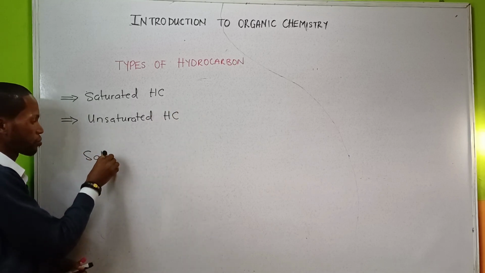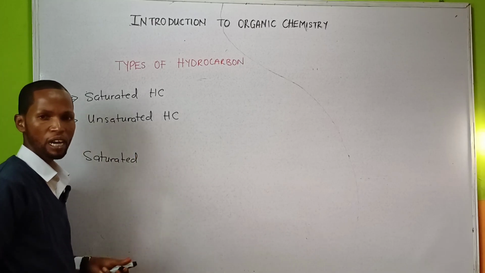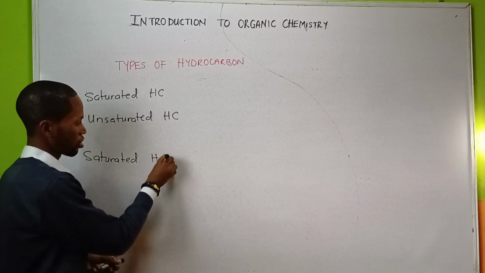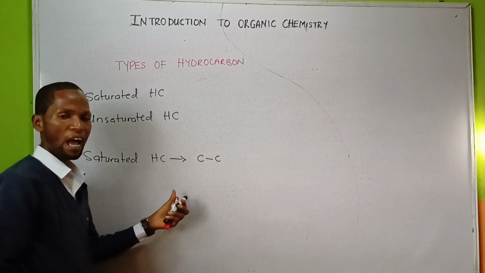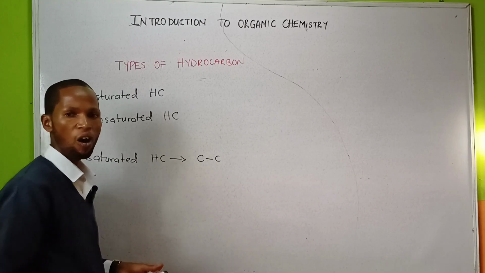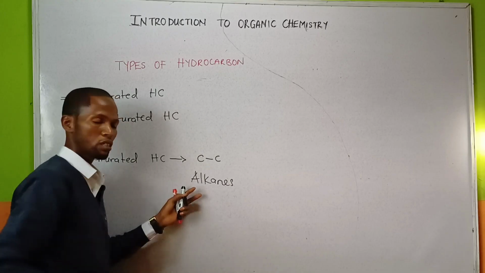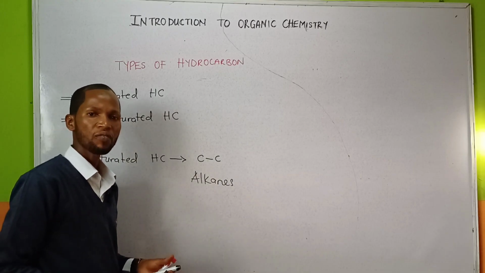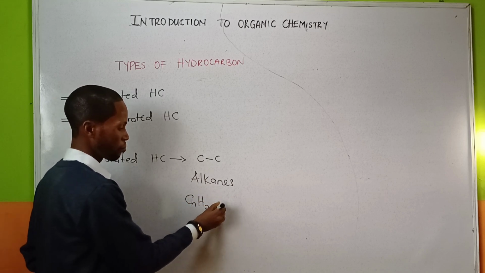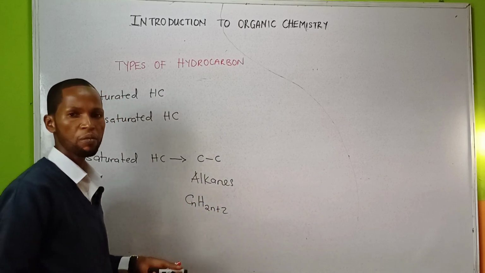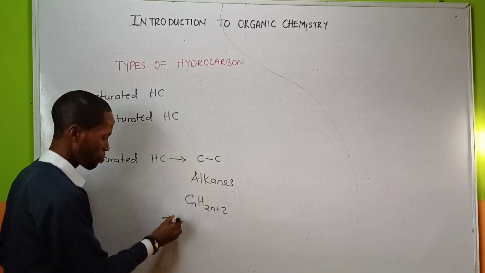Saturated hydrocarbons are those hydrocarbons that contain carbon to carbon single bonds only, and this is observed in the alkane homologous series. Recall that the general formula for the alkane series is CnH2n+2, and the first member of the series is what? That's right, methane.